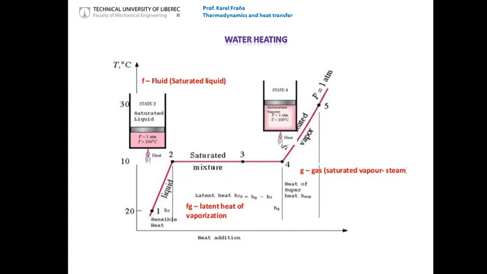Point 4 is called the saturated vapor or steam. This is the last point at which all the saturated liquid in the mixture has completely evaporated. Now you have only gas in the container.